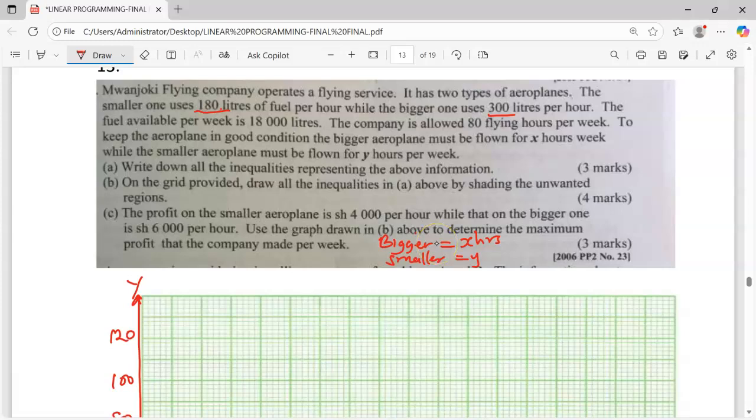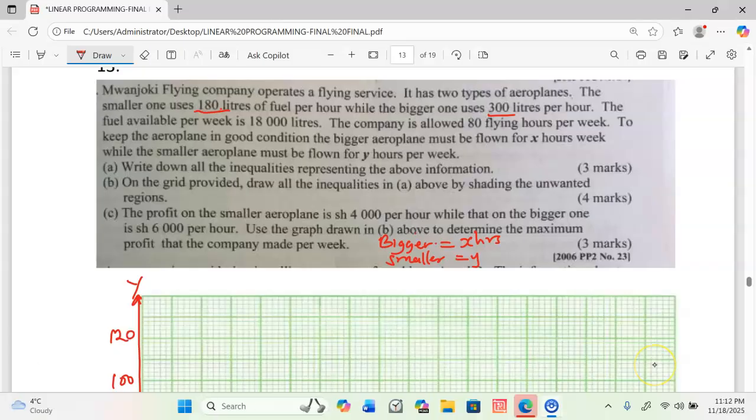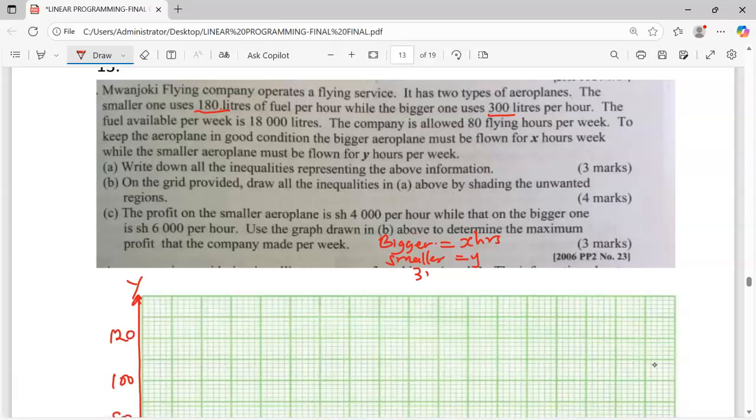Remember, the bigger aeroplane flies for X hours a week, and per hour it is going to use 300 liters of fuel, and therefore the total number of liters will be 300 liters per hour multiplied by X, plus the smaller one uses 180 liters times the number of hours, so that we can get the total number of liters.